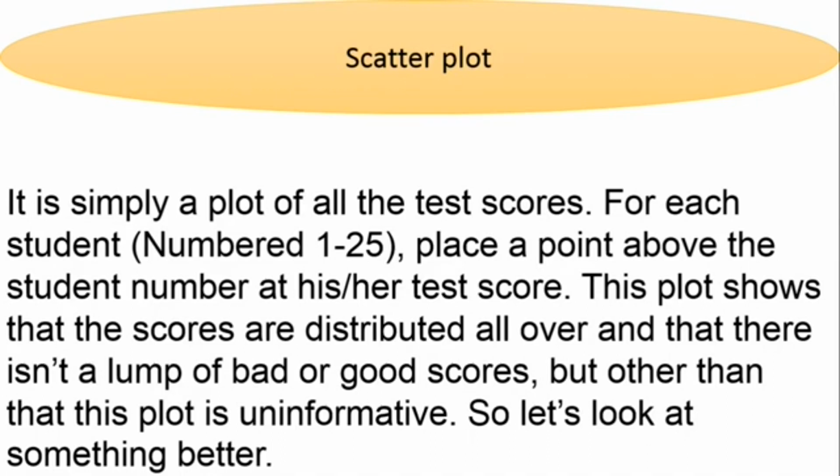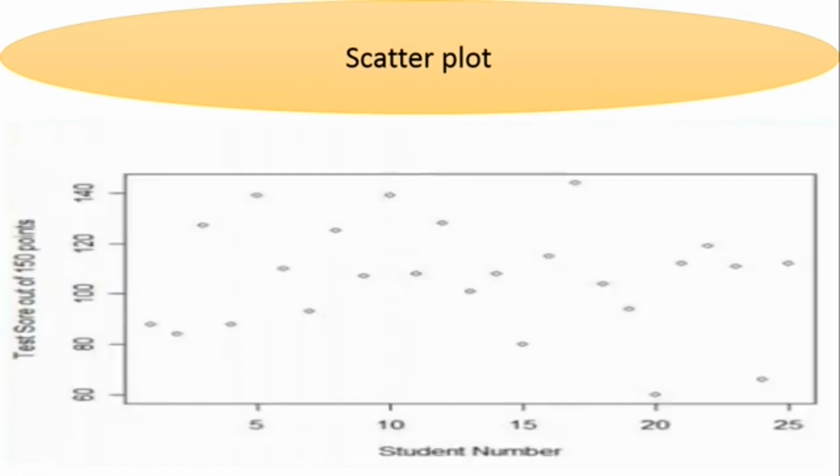This plot shows that the scores are distributed all over, and that there isn't a lump of bad or good scores, but other than that, this plot is uniform. So you can see in this plot the explanation that we have just given you previously. You just represent every student and his score in this scatter plot.